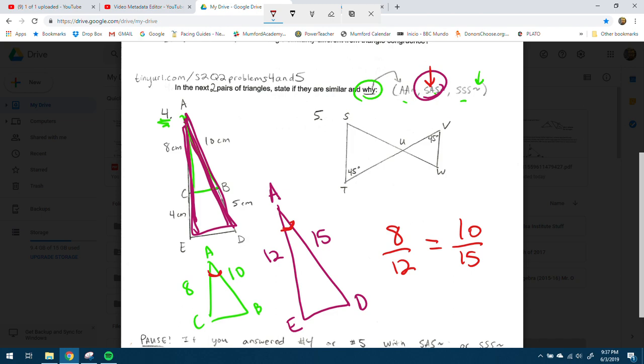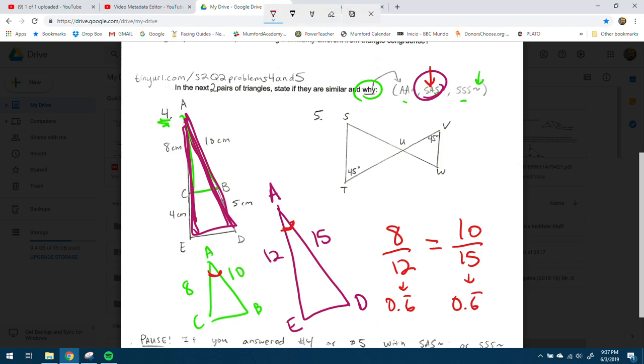if we divided 8 divided by 12, let me get a calculator out so I can do it exactly the way that I'm suggesting you do it. 8 divided by 12 gives me 0.6 repeating. And 10 divided by 15 is equal to 0.6 repeating.